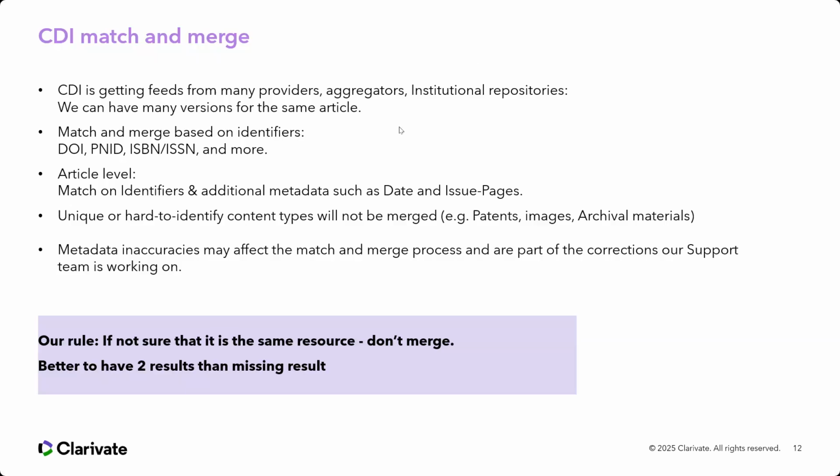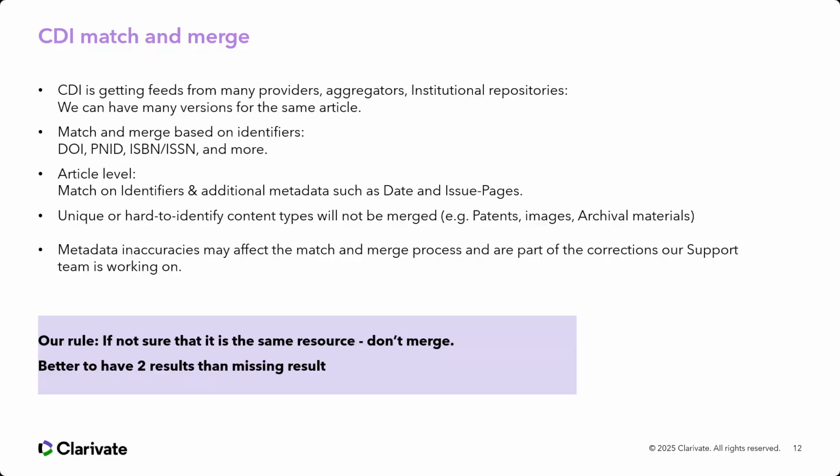When we talk about CDI, we also talk about metadata inaccuracies, and this inaccuracy is coming from our feeds. Sometimes they can affect the availability, as Levi described, where we will not mark this record as available, or will cause the link to fail. It can also affect the match and merge process.